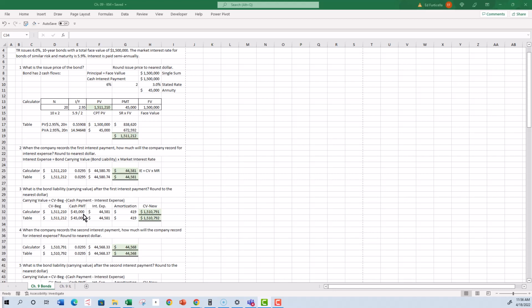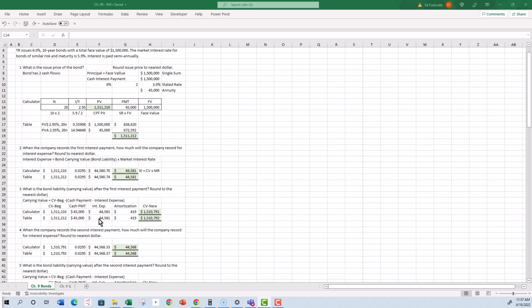The cash payment was $45,000. The interest expense was $44,581. The difference between the $45,000 and the $44,581 is the amount that we're going to amortize of that premium, $419.